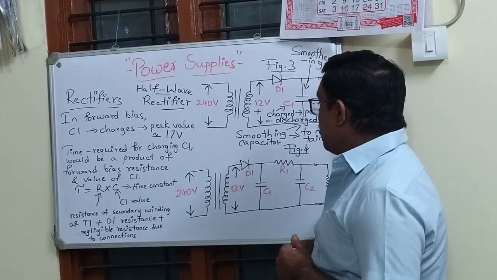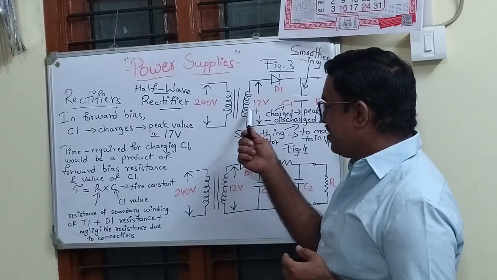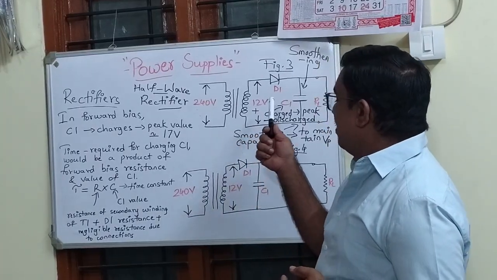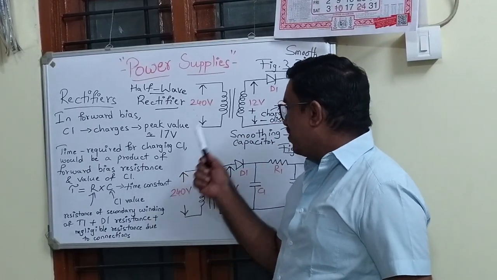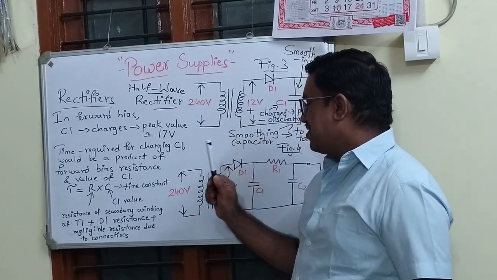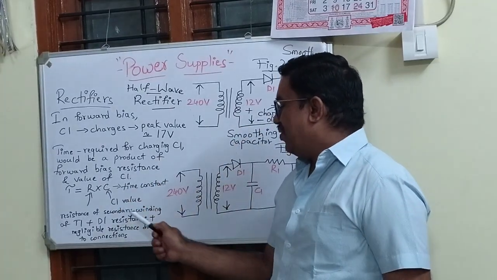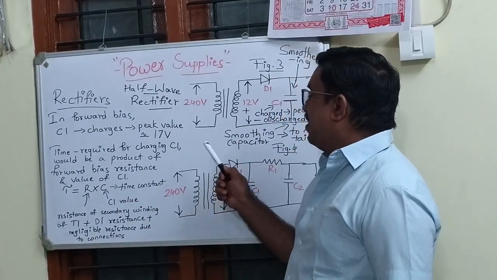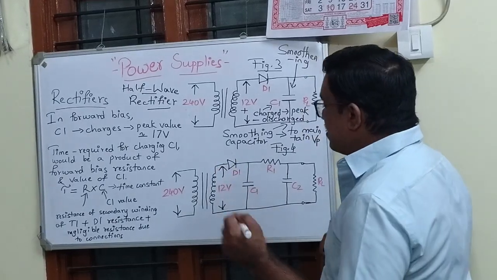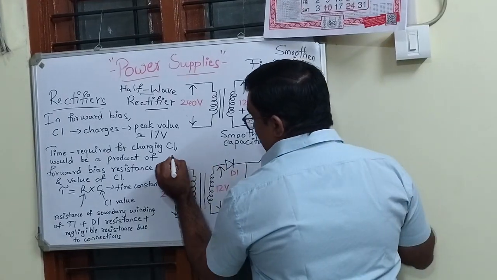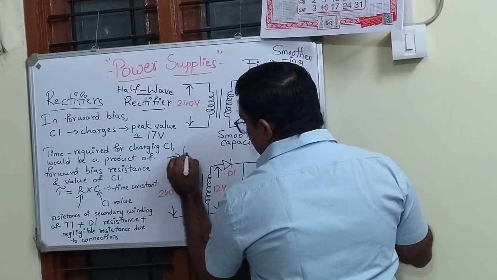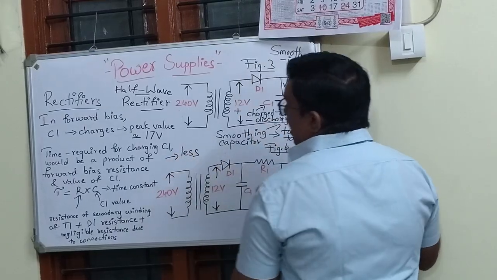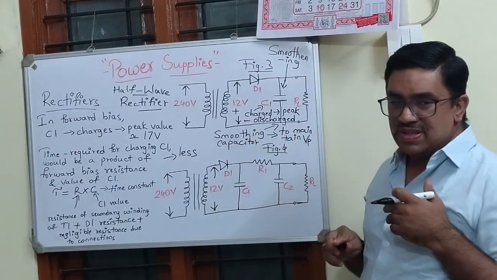Because of the higher voltage, the 12 volts at the secondary winding, the charging time is less and the discharge time is more.